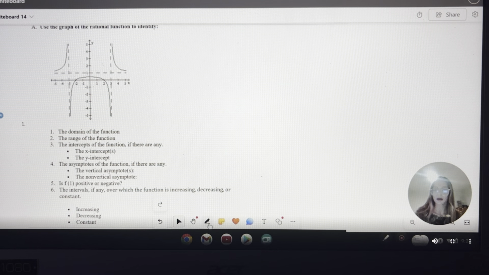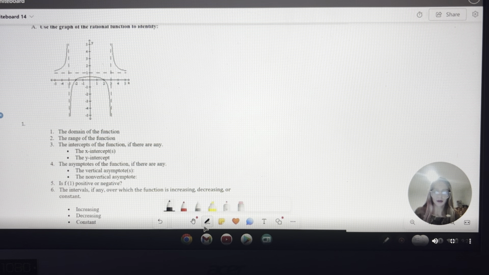Okay, so first we want to use the graph of the rational function to identify the domain of the function. To find the domain, it will include all the real numbers except for where there are vertical asymptotes. So the vertical asymptotes are right here.